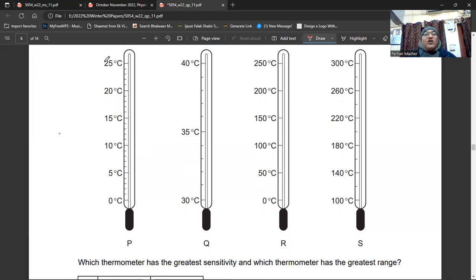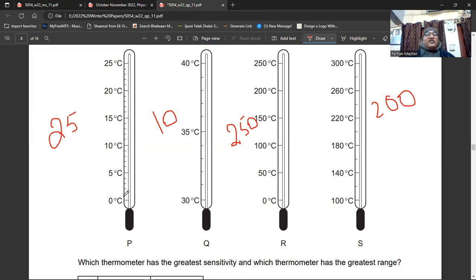Its range is from 0 to 25, so its range is 25. Its range is from 30 to 40, so its range is only 10. Its range is from 0 to 250, so its range is 250. And its range is from 100 to 300, so its range is approximately 200. So the question is which thermometer has the greatest sensitivity and which has the greatest range?